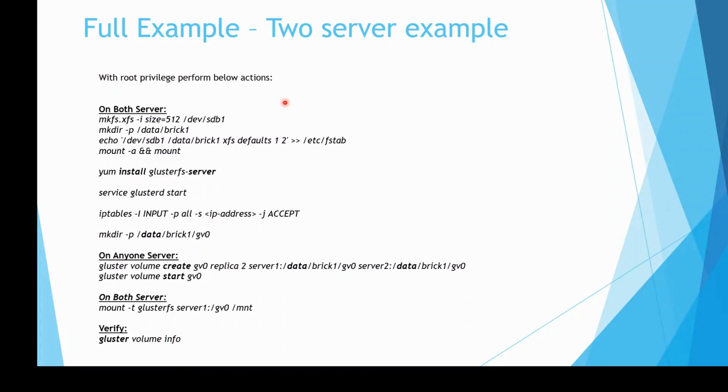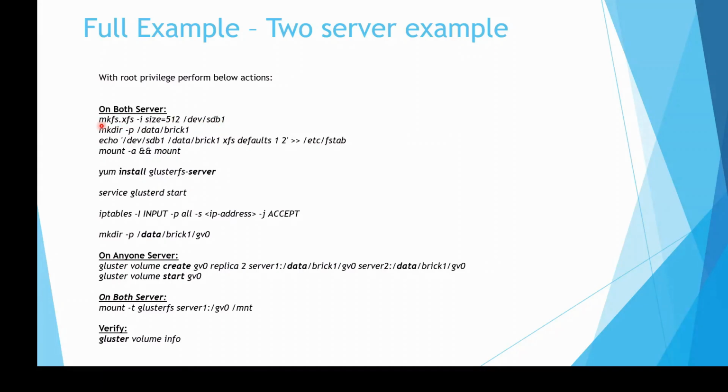Now here's an example of how to create a Gluster volume and how to mount that volume so that you can use it. This example shows the default distributed Gluster volume. Here we consider that we have 2 servers, and every server has a /dev/sdb1 storage device attached.